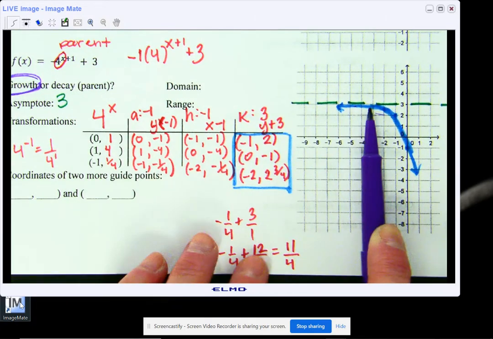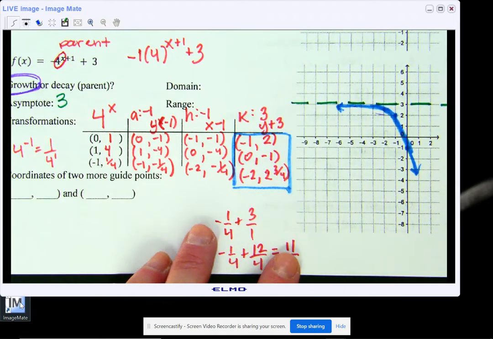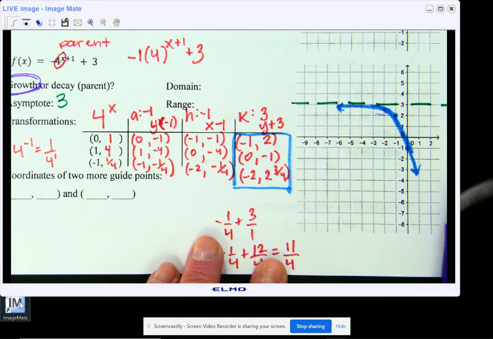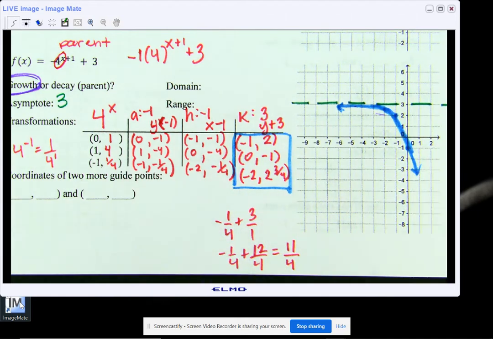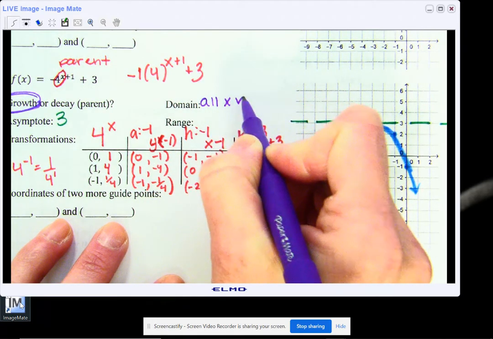It's going to get close to 3 and never touch it, but it's going to keep going forever. On the other side, it's going to start kind of straightening out too. However, eventually it will cover every single x to the right. So it's actually going to include every x possible. So on the domain, just write all x values.